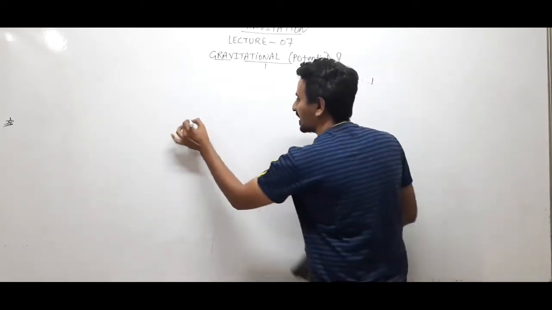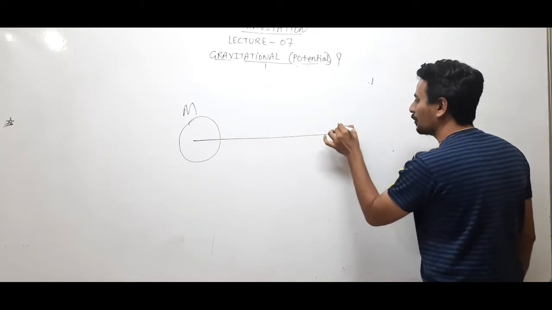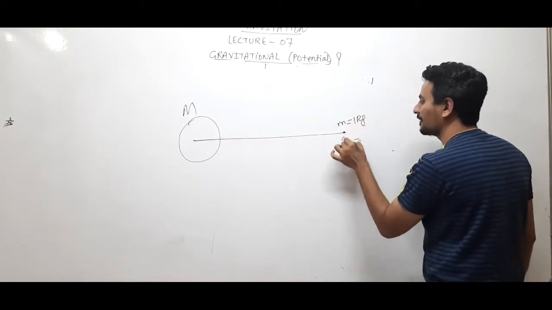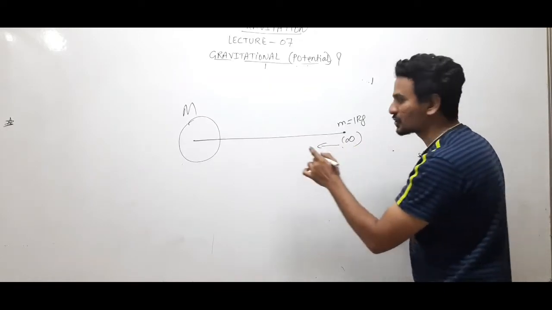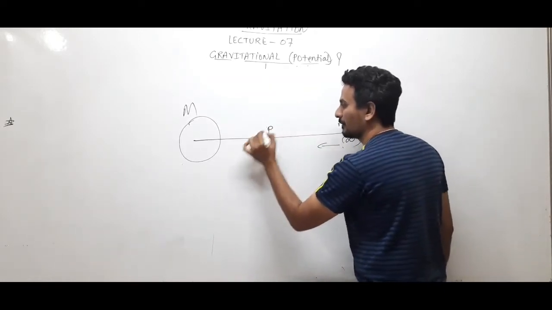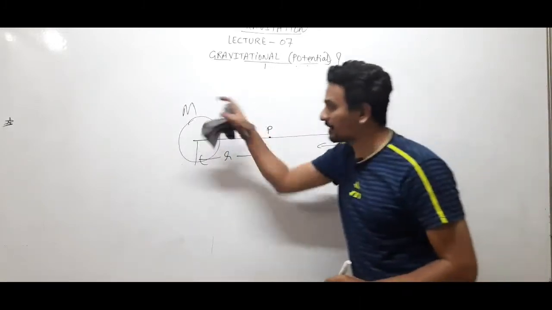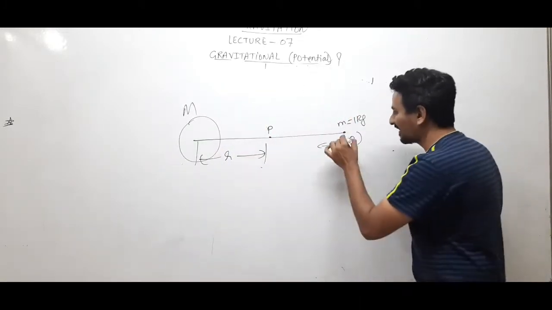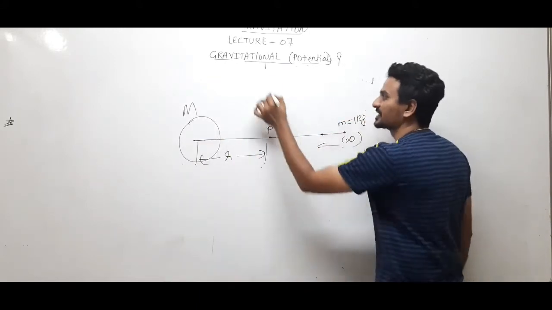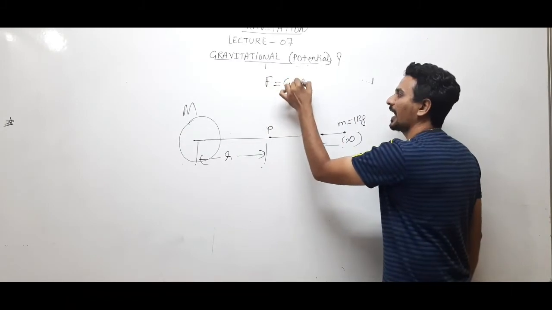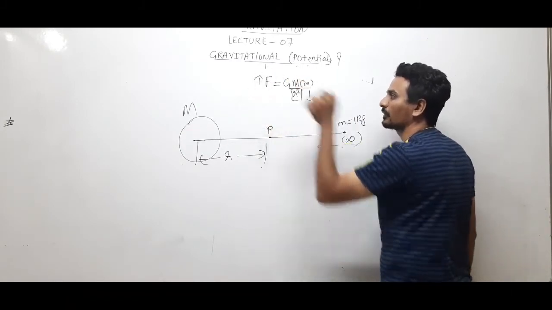And once again I am saying, this is capital M, and a 1 kilogram mass, that is unit mass, is at infinity. Now the mass is brought to a point P which is at a distance r by the gravitational force of this mass. But when this mass comes closer, the gravitational force, which is F equals G M m by r square, as r decreases force will increase.